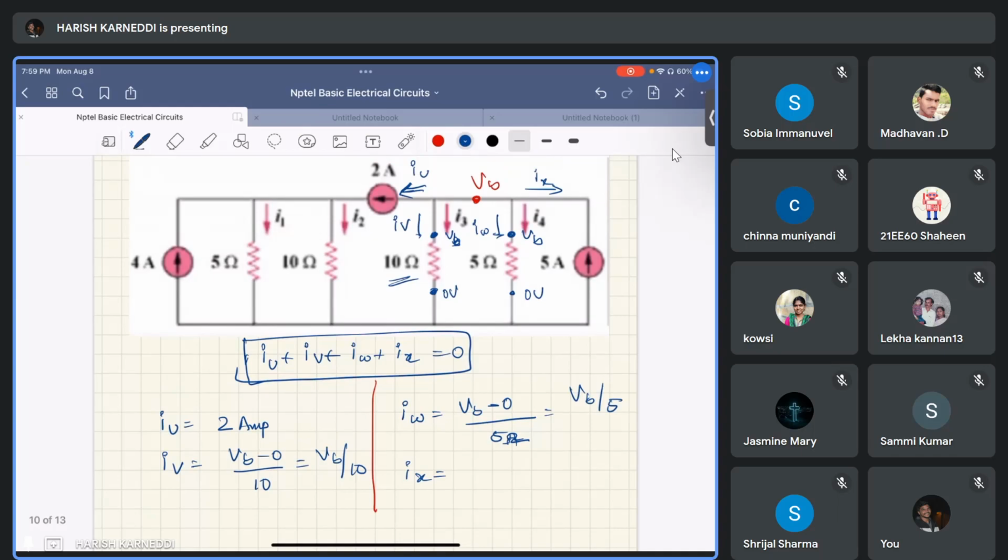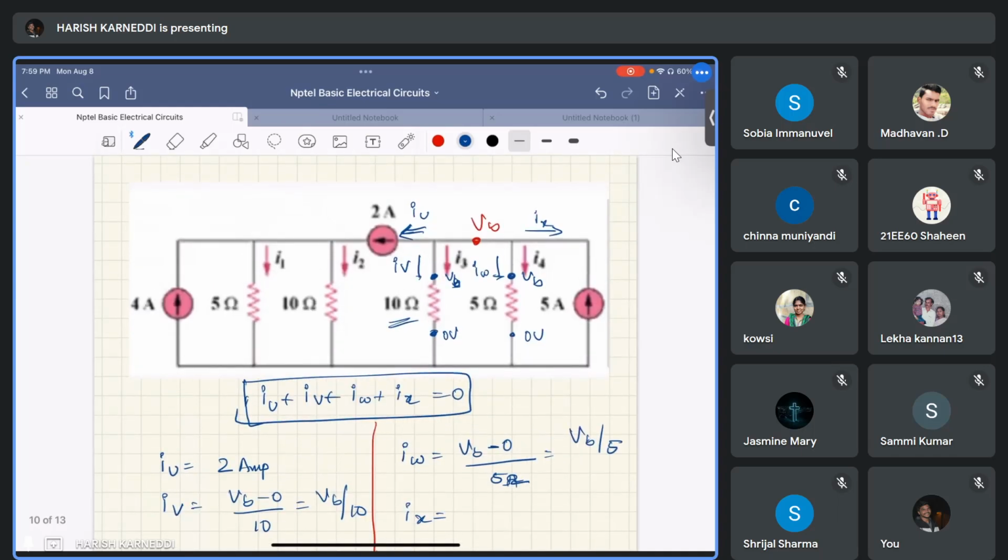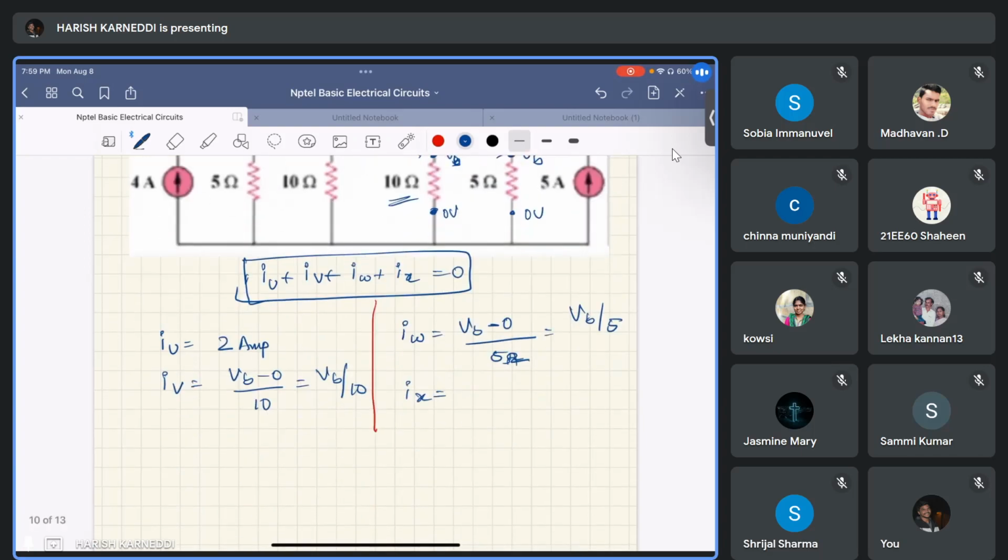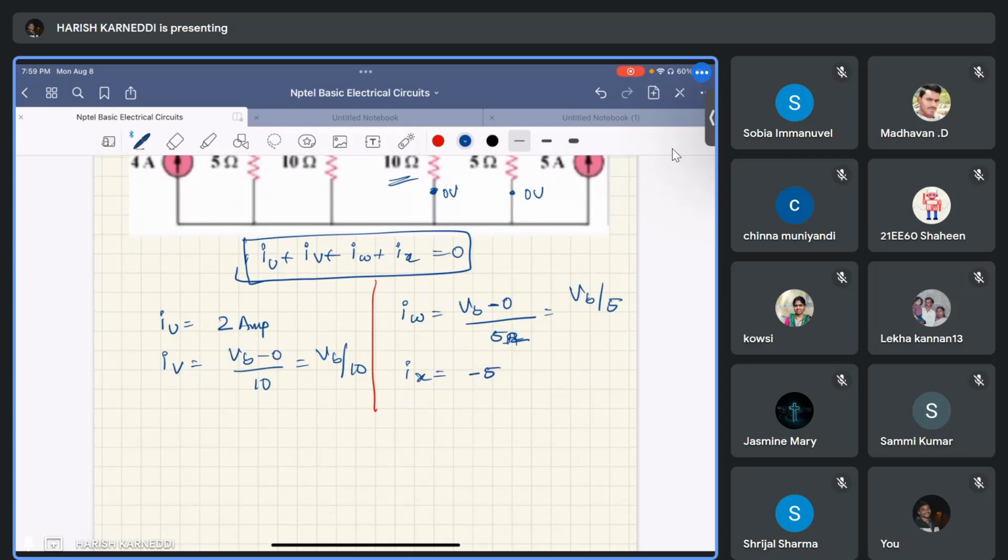Ix equal to the current flowing, the current in this direction, right? The current in this direction. However, the 5 amps current source is in the opposite direction. So Ix equal to minus 5 amperes.